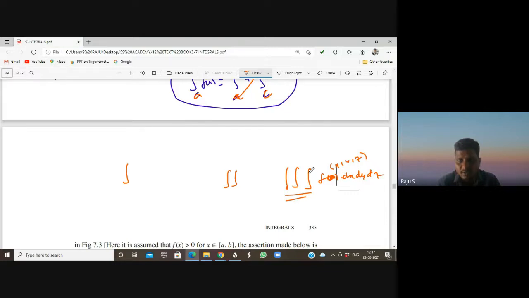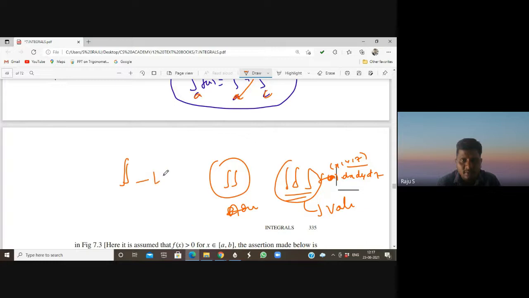Here we have to find the triple integral. With respect to x, we can keep y, z constant. If you find this triple integral, you are going to get volume. If you find the double integral, you are going to get area. If you take a single integral, we are going to get the length of the curve, area of the curve, volume of the curve between some ordinates. Okay, that let us see later.